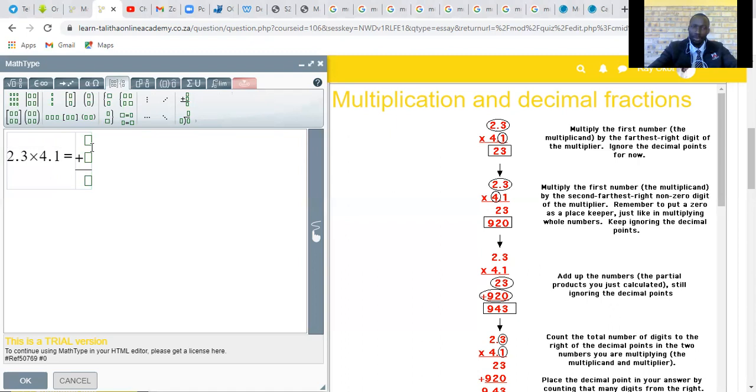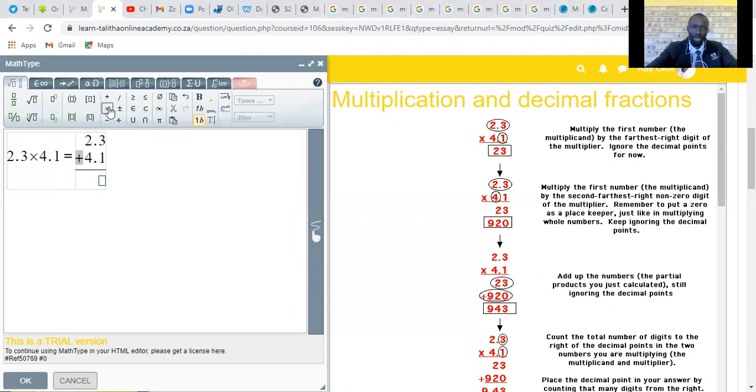So you will have 2.3 vertically, and you will also have 4.1. Now here we are multiplying, so we put the sign of multiplication, okay?